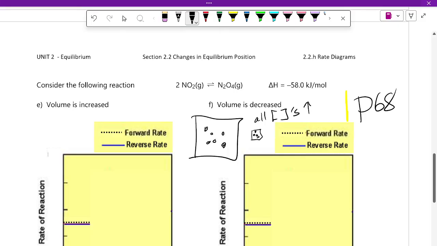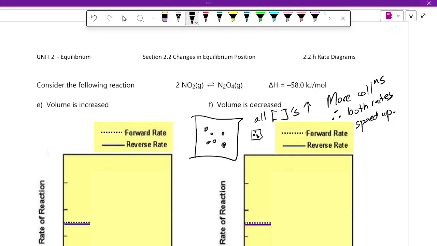And if all the concentrations are increasing, there's going to be more collisions. And if there's more collisions, that means that both rates speed up. Which rate speeds up more? Whichever side has more gas molecules speeds up more.